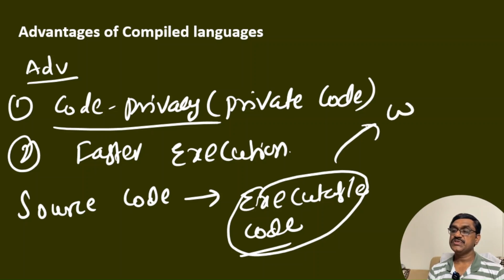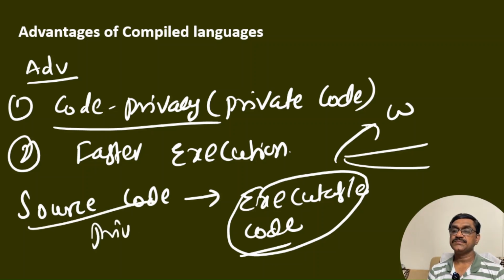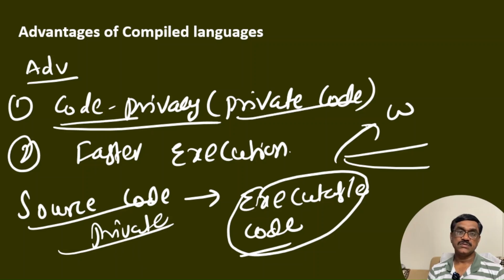Maybe either Windows machine or Mac or any other Linux operating system. The executable code is distributed to the other users and other users can execute this executable code, but the source code we are not providing to the other users. The source code is kept as private. That is what I mean to say code privacy, or the code is private.